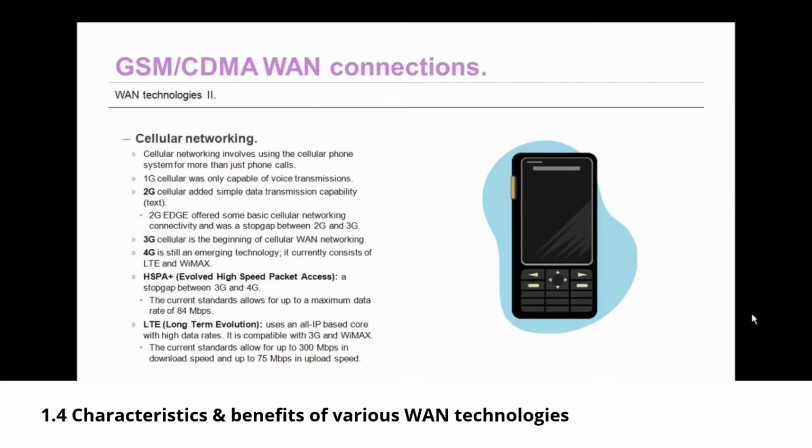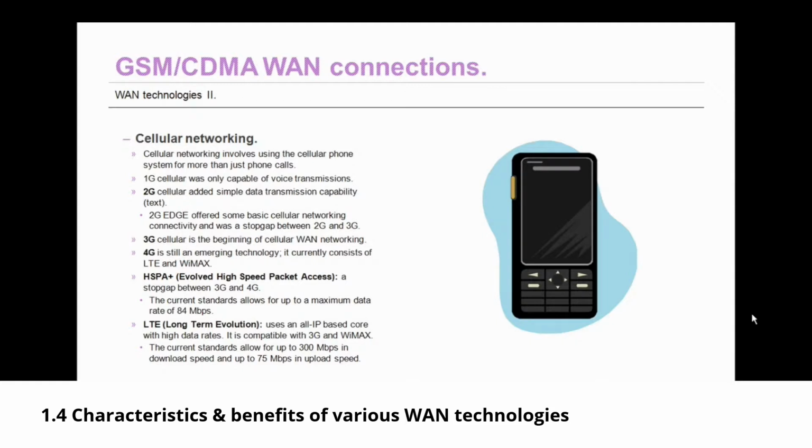It was a stopgap between 3G and 4G networking. It's still available today. The current standard for HSPA+ allows for up to a maximum data rate of 84 megabits per second. Now, it's not quite as good as LTE, which is Long Term Evolution.